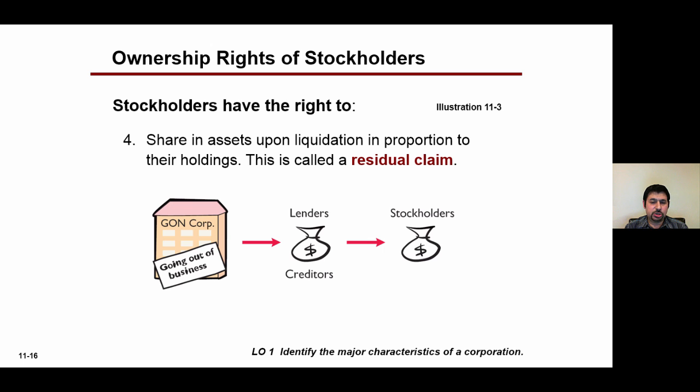And this is why it is called a residual claim, because first the company will pay lenders and creditors, and then whatever remains, the residual claim, will be paid to stockholders.